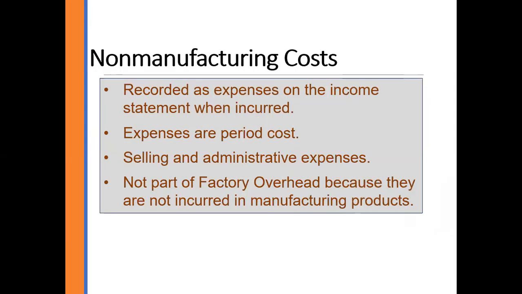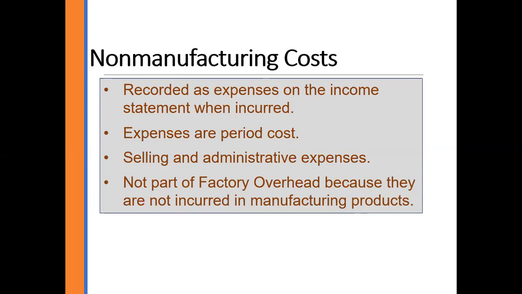All right, non-manufacturing cost. Again, these are our period costs that we talked about a few slides ago. Non-manufacturing costs are expensed on the income statement in the period when they're incurred. These types of expenses are period costs. Again, selling, general, and administrative expenses are not part of factory overhead because they're not incurred in manufacturing products, right?